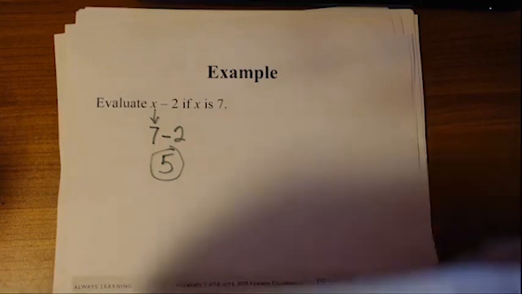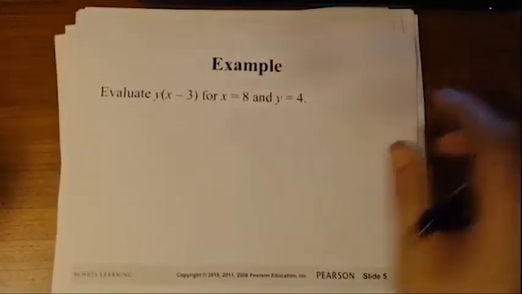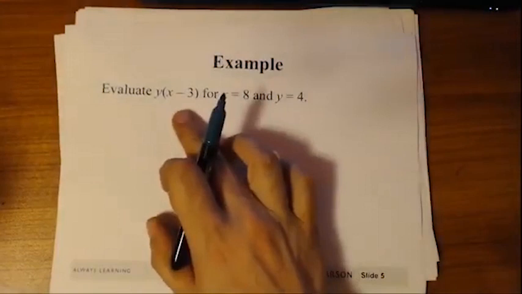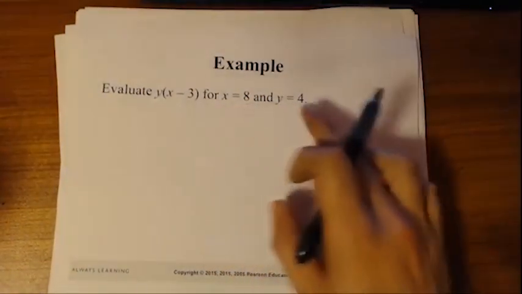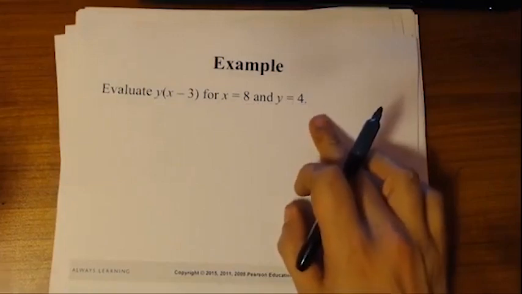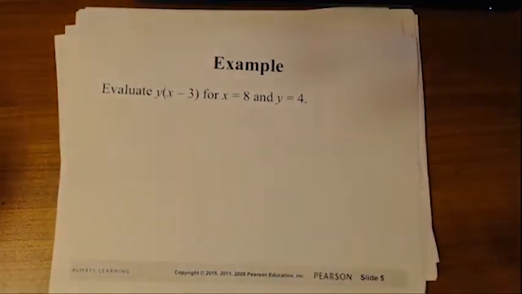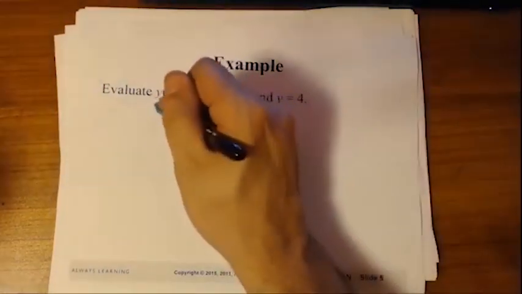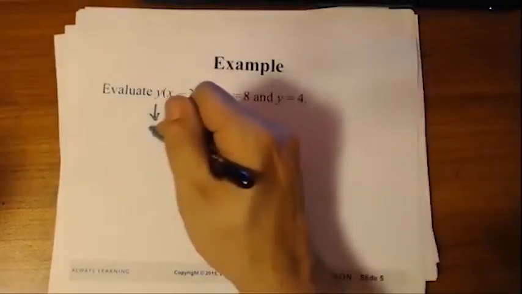Another example. y times (x minus 3) for x equals 8 and y equals 4. So instead of y, we have 4.